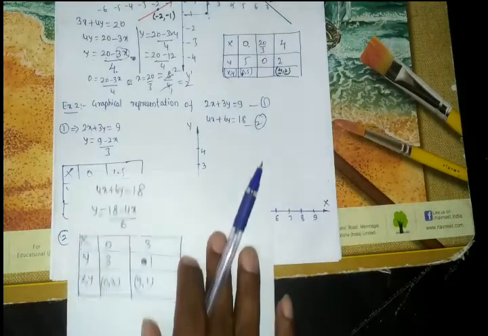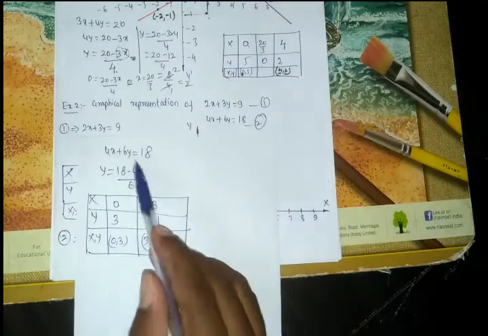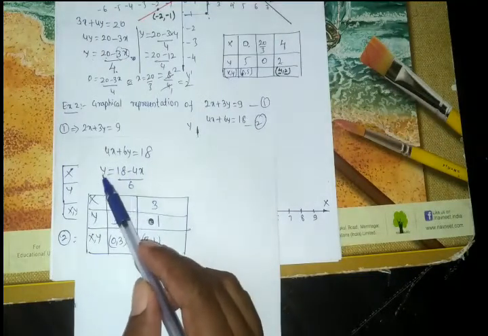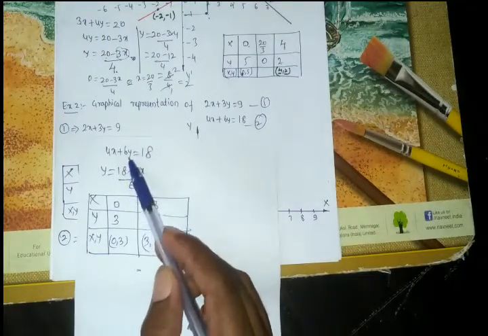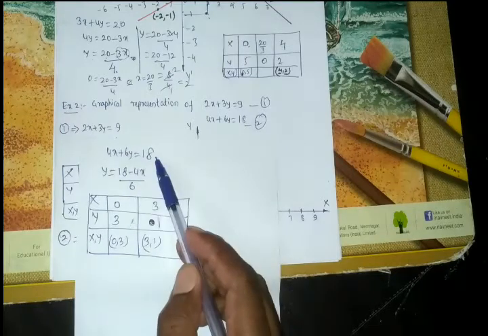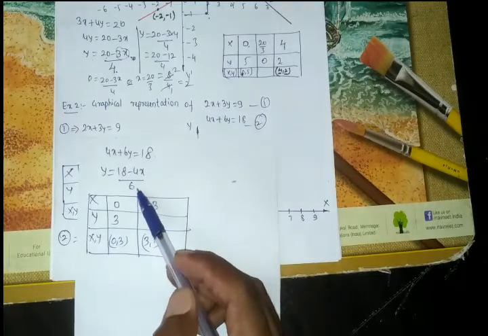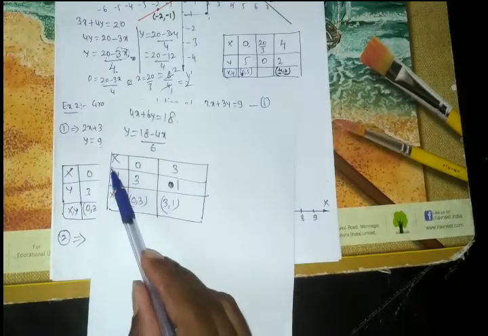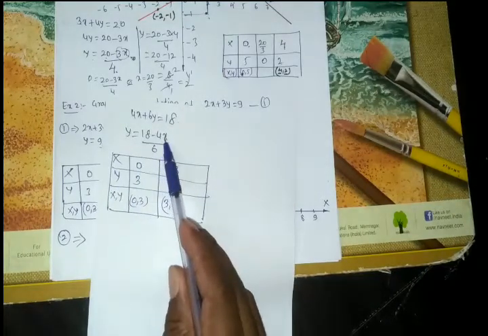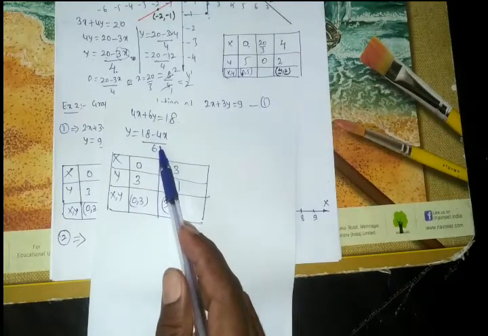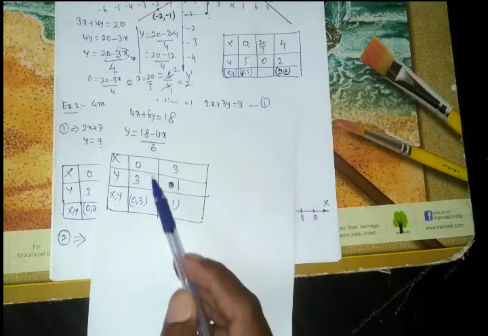Similarly the second equation, 4x plus 6y equals 18, so y equals (18 minus 4x) divided by 6. When we substitute x as 0, y is 18 by 6, which is 3.